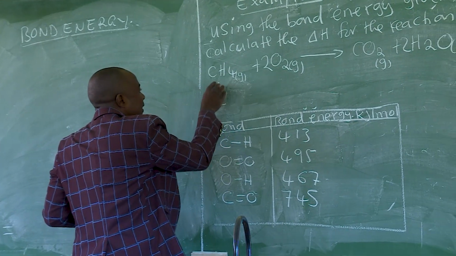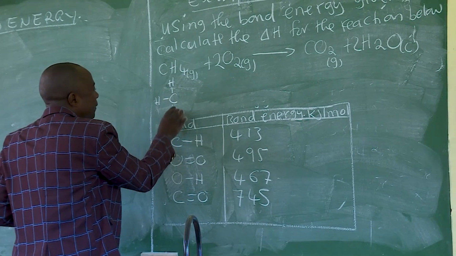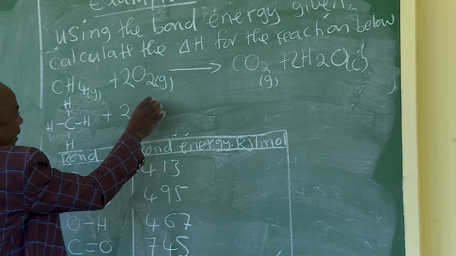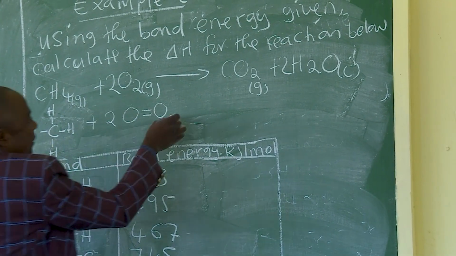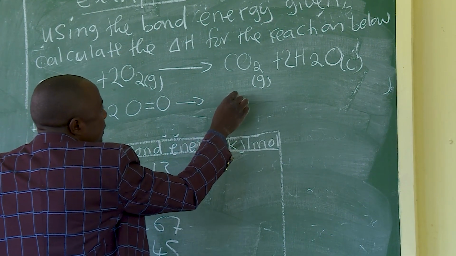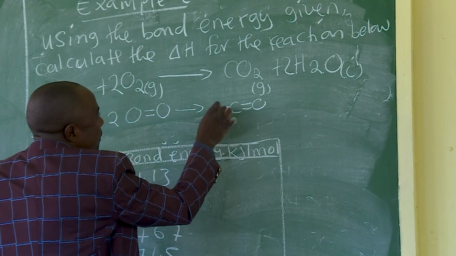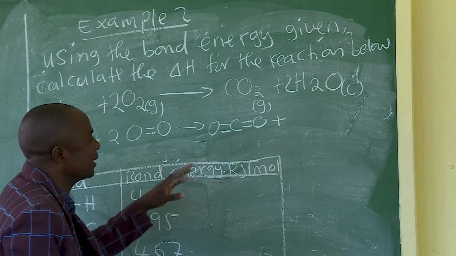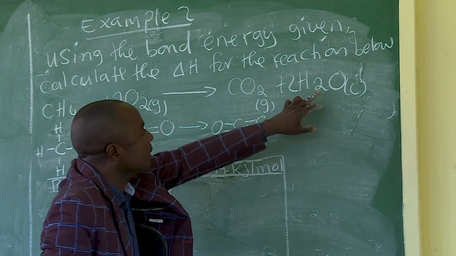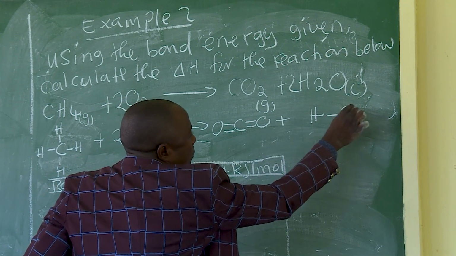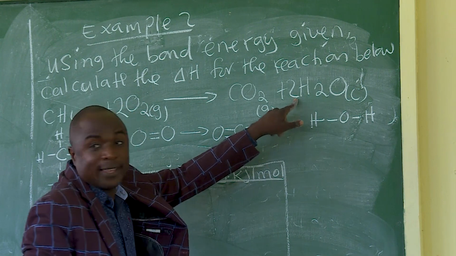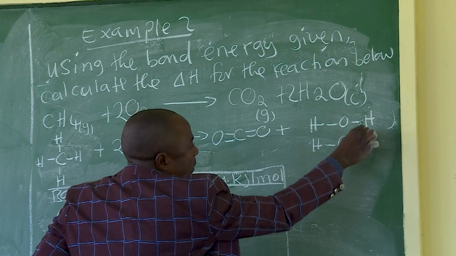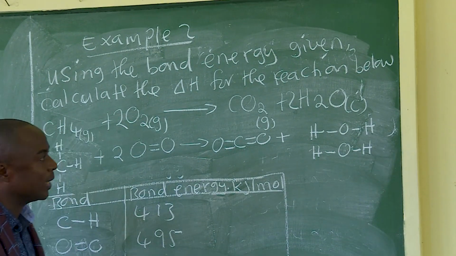We have methane like this with the 4 carbon to hydrogen bonds, plus 2 oxygen to oxygen bonds, giving us this carbon to oxygen bond. Then we have plus, on the product part, a hydrogen to hydrogen bond. How many are there here? 2. So you have to write another one here. Hydrogen to oxygen bond. So this is what we have.